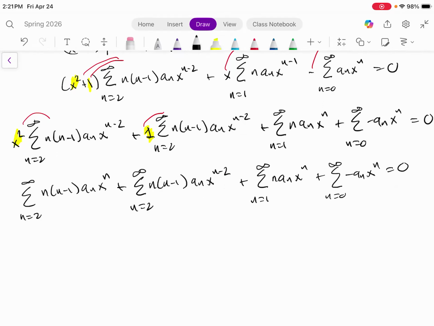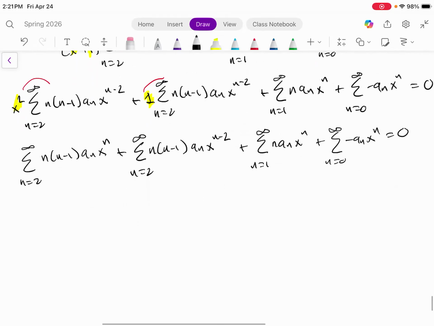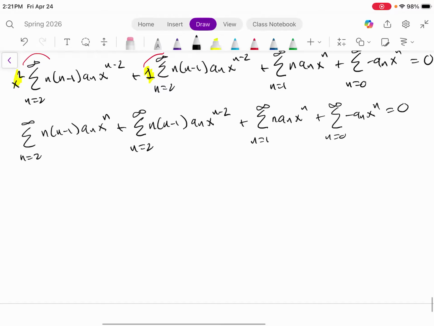Okay, so what we want to do with these 4 terms is combine them. So we want to have the same index and we want them all to be x to the n. So let's take care of both of those.